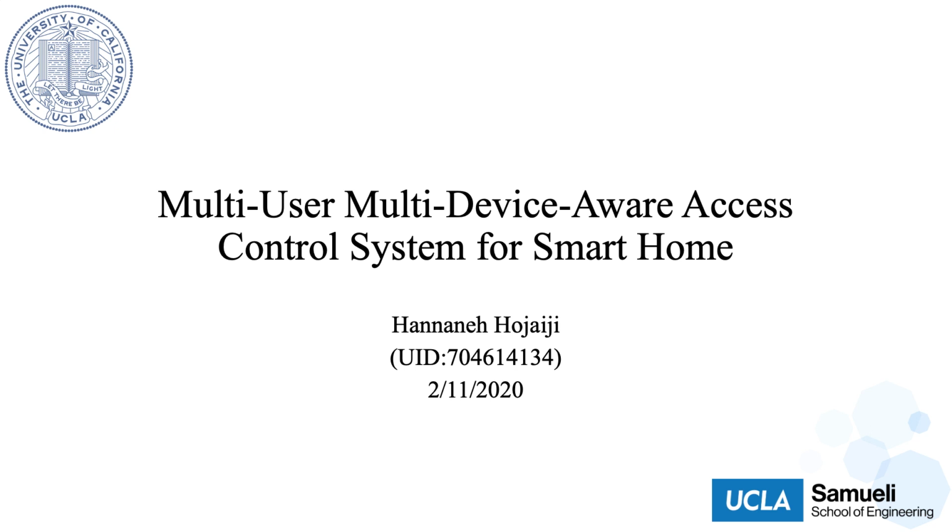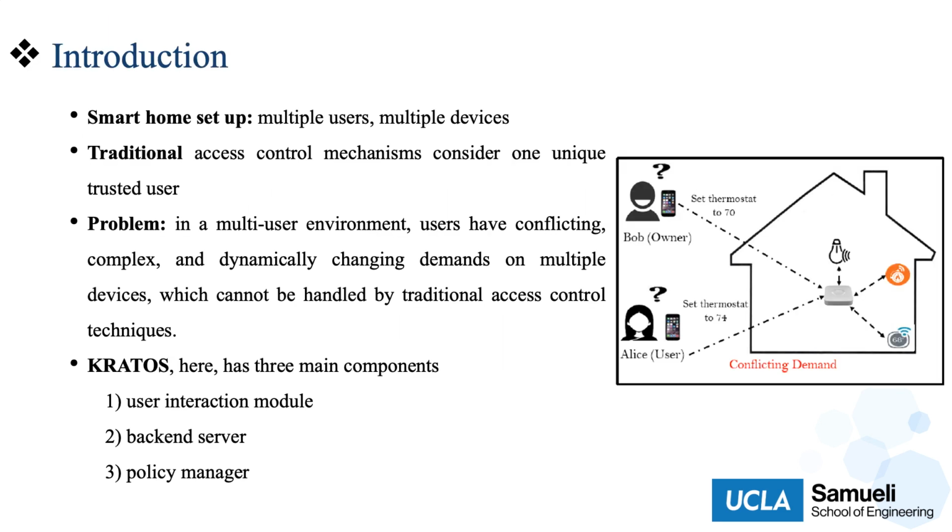Okay, so hello everyone. Today I'm presenting the multi-user, multi-device aware access control system for smart homes. In this paper, just to give you a brief introduction about how the system works, it's a smart home setup, and this is going to be the very first and a very novel system that provides conflict resolution when you have multiple users with multiple access to multiple devices.